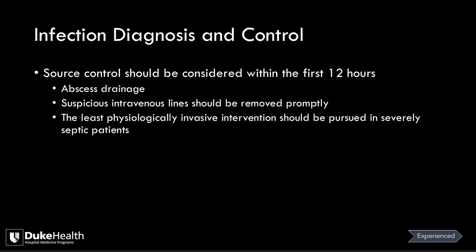And they do recommend in severely ill patients to consider the least physiologically invasive option. So if you have an intra-abdominal abscess, consider a percutaneous drain as opposed to an open surgical procedure, and favor the side of the least invasive when possible.